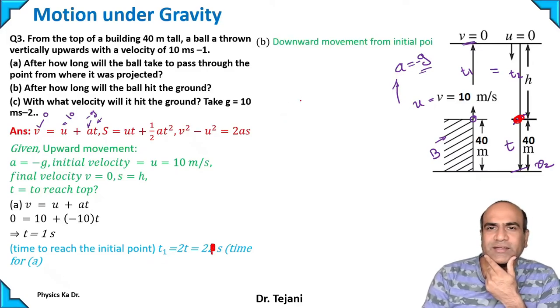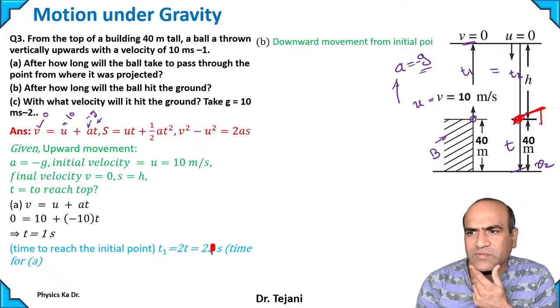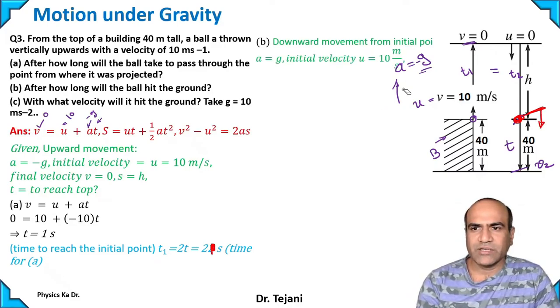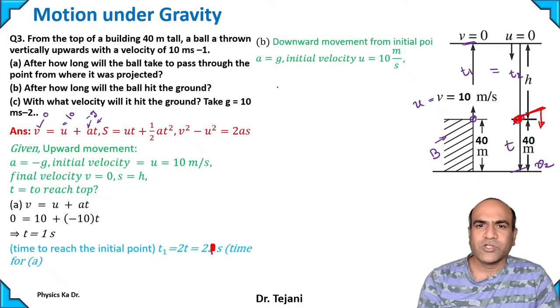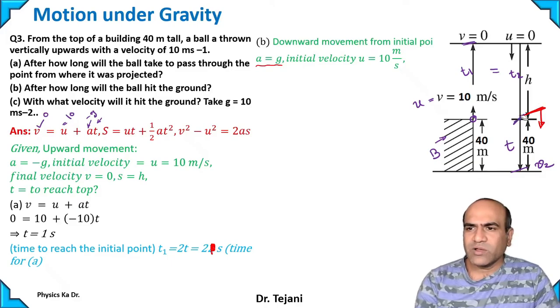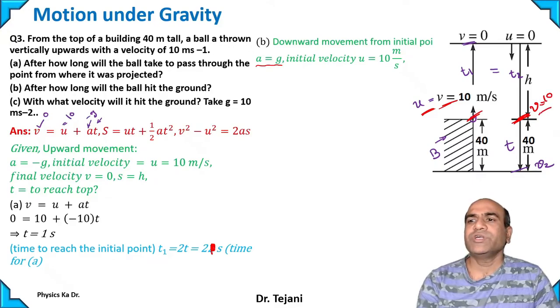Now, from this position, let's calculate further. If it is moving in the downward direction, the acceleration is positive. If we calculate from this position, the initial velocity u must be 10. There is no change in this case.